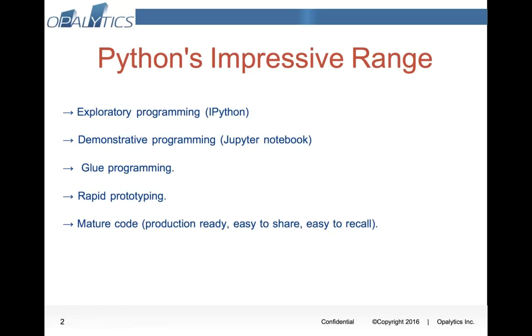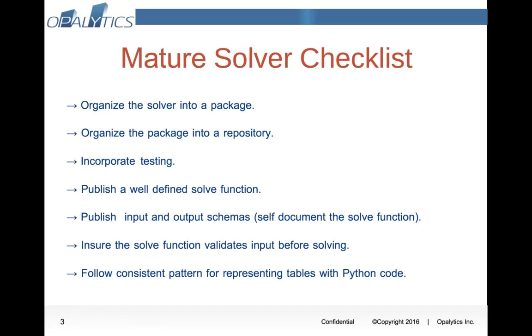So for all three of those uses, code that's robust for deployments, code that's easy for a new person to understand and easy to recover, you want code that's self-documenting, code that's self-validating, and code that clearly defines how it's supposed to be used. So specifically, how do you go about doing that?